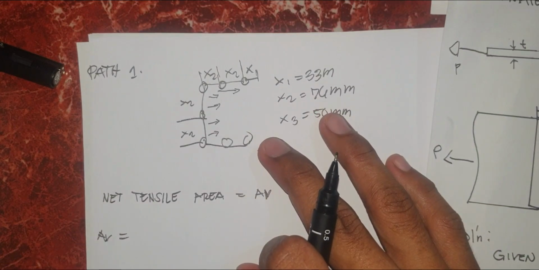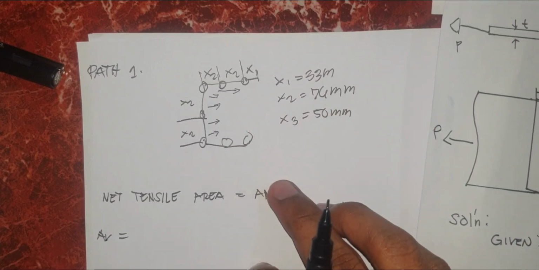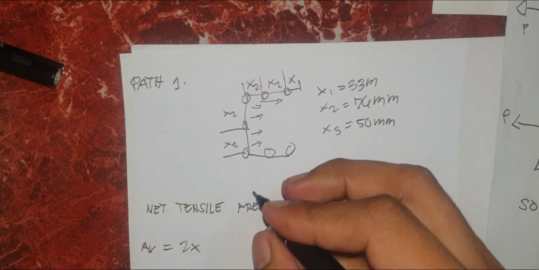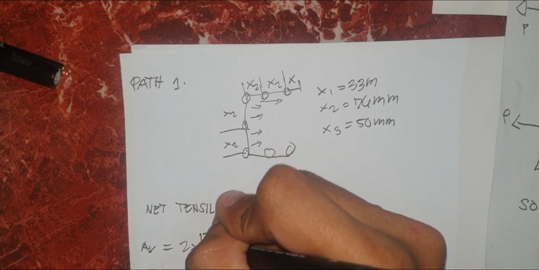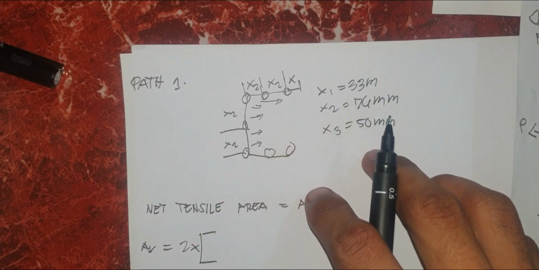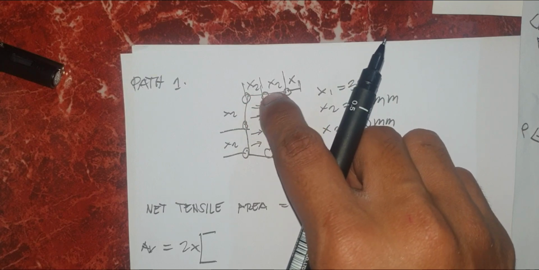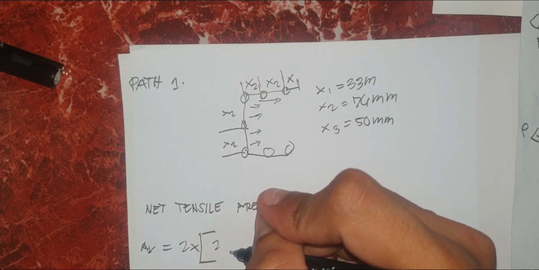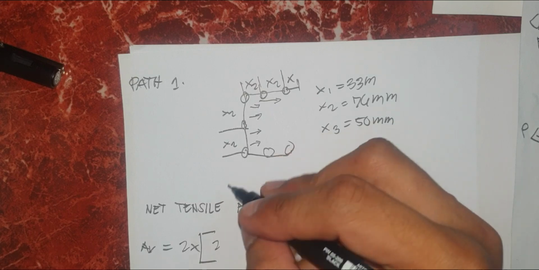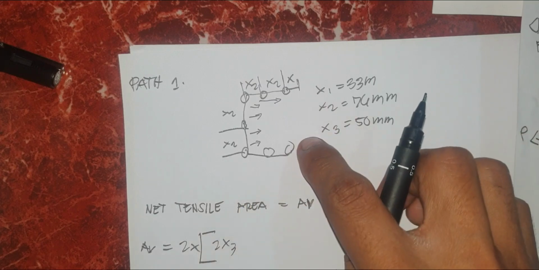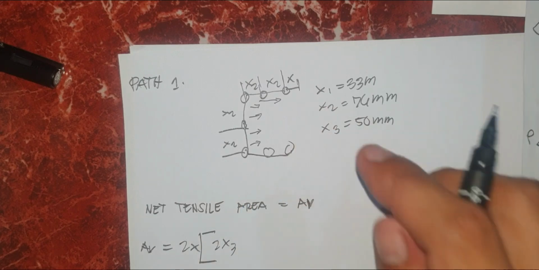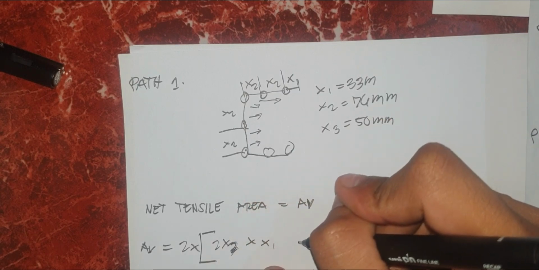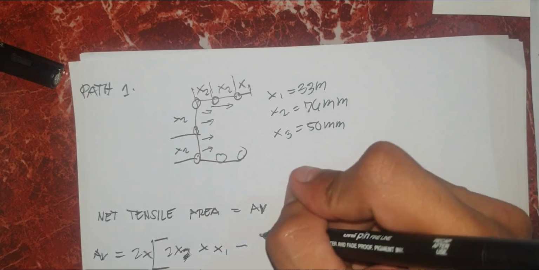From the drawing here, EV is 2x, 2 times the summation of 2x sub 3, 2x sub 2, 2x sub 2 times x sub 1, then minus 2.5.